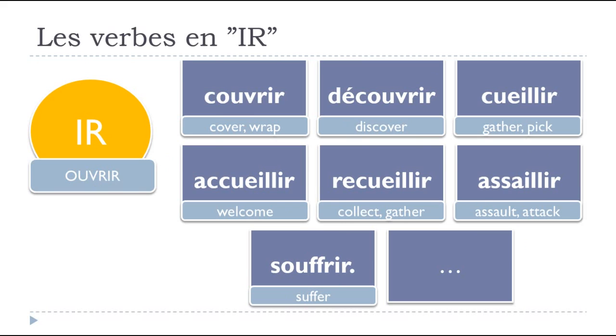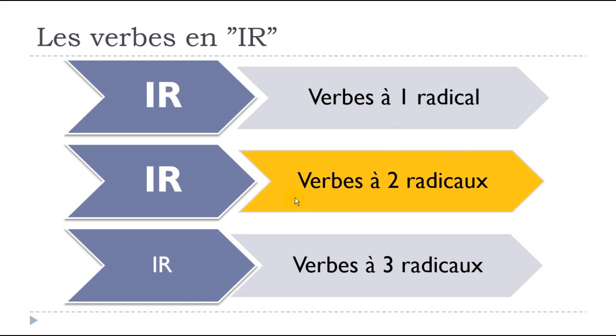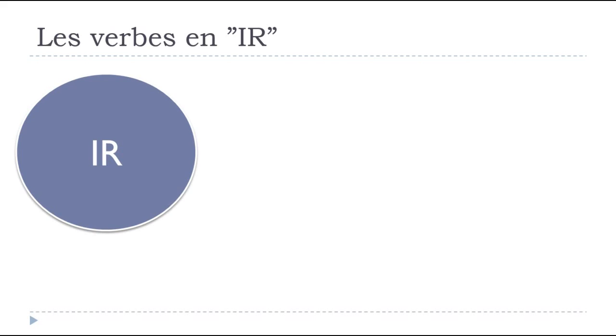So now let's see the second group, what we call les verbes à deux radicaux. And so we'll take partir. Partir is to leave. We use this verb quite often, so it's quite important to see how to conjugate that in the present.